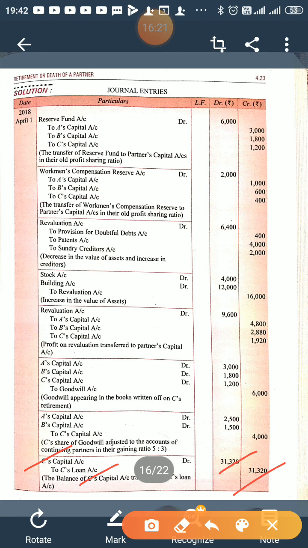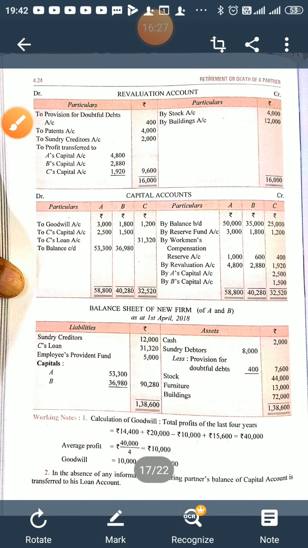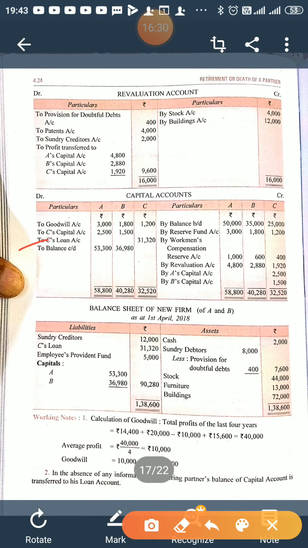The total claim was transferred to the retiring partner's loan account, and this C's loan account will be shown on the liability side, C's loan 31,320, and the remaining partners will be balanced.